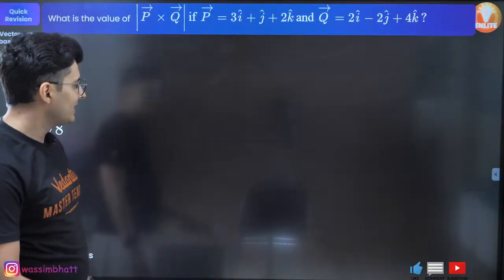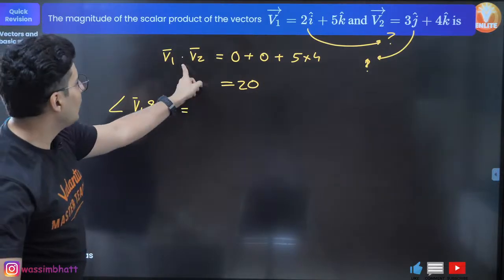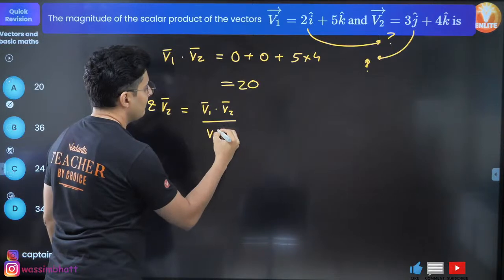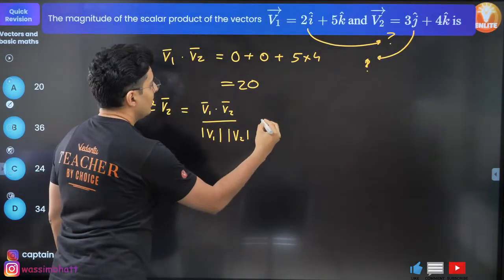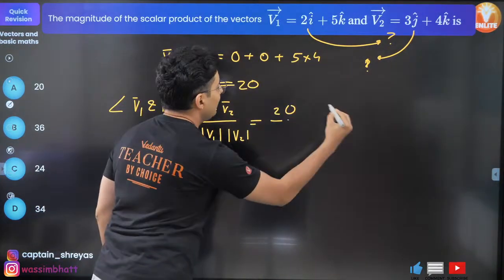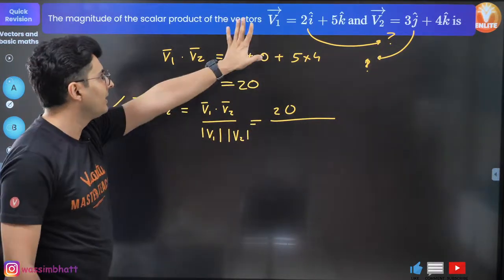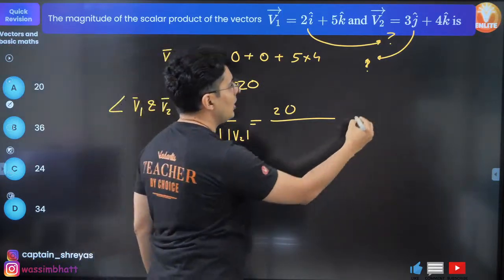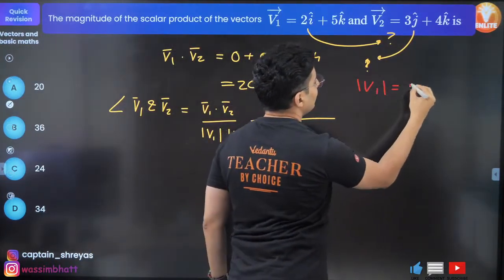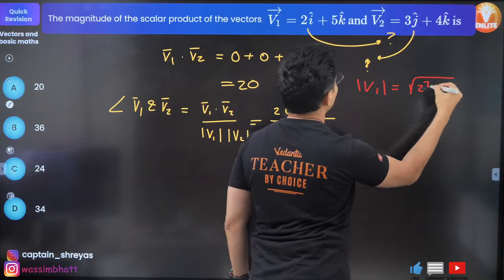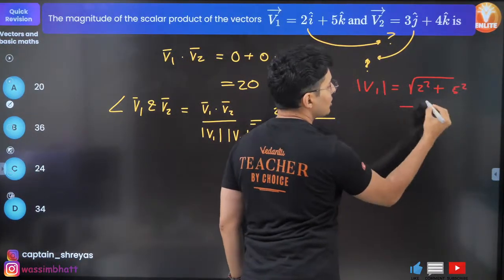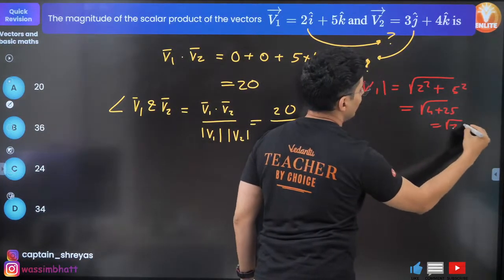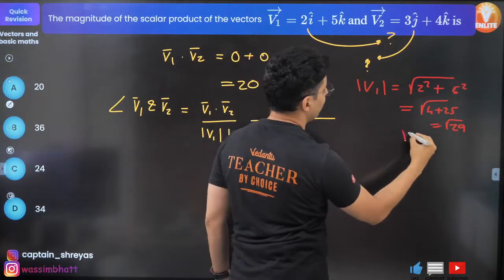So let's try to do this and see what we get. A dot B is V1 bar dot V2 bar upon magnitude of V1 into magnitude of V2. V1 dot V2, I just got it to be 20. What is magnitude of V1? It will be this square plus this square: 2 square plus 5 square, which is 4 plus 25, which is root 29. What is magnitude of V2?